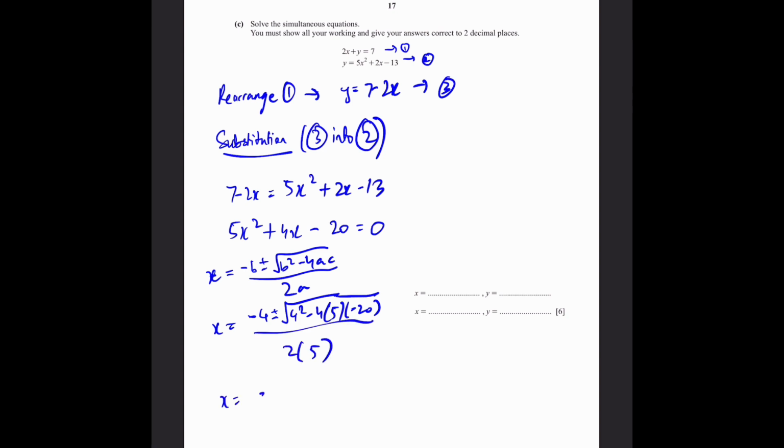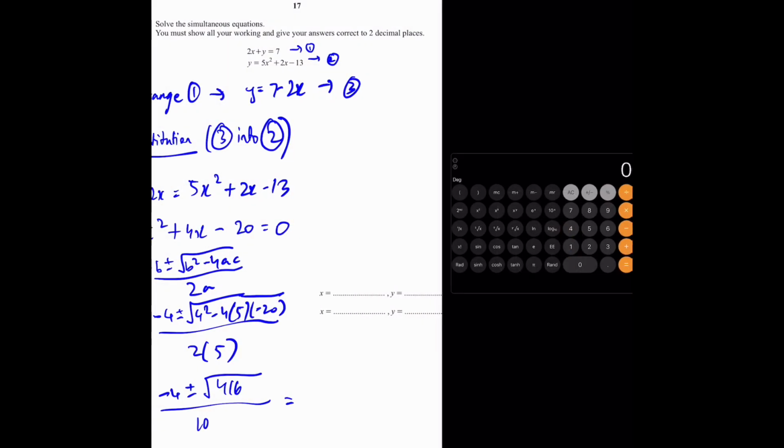Now that means x equals minus 4 plus or minus. So 4 squared is 16, and minus 4 into 5 into minus 20 is 400. So root 416 by 10. That's 2 into 5. Now you can get a calculator out. So 416 we square root.